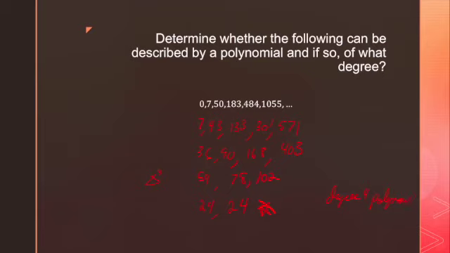All right, here I have the Fibonacci sequence. So let's see if this could be approximated with a polynomial. The differences here are 0, 1, 1, 2, 3, 5.